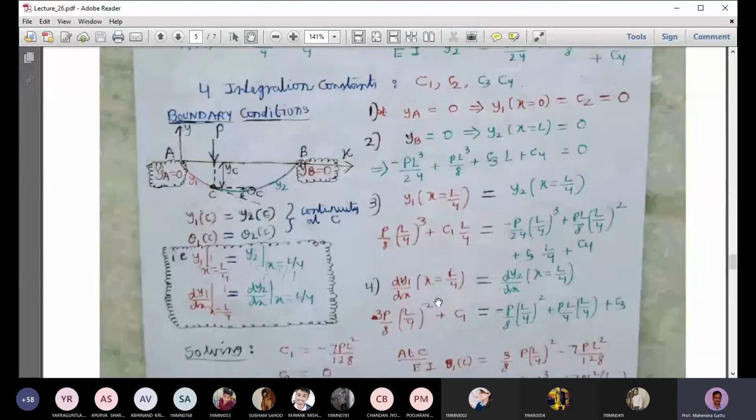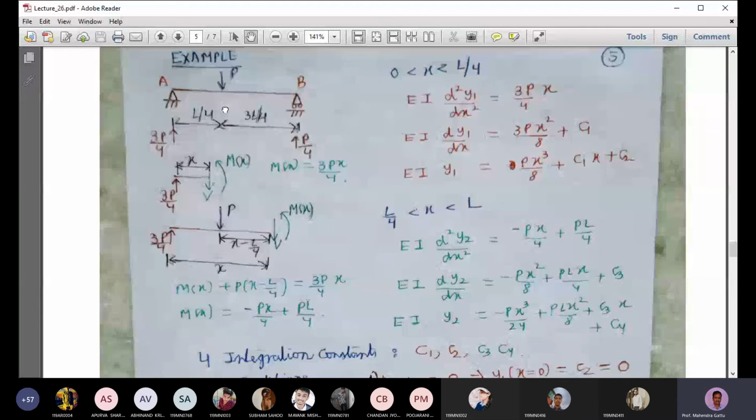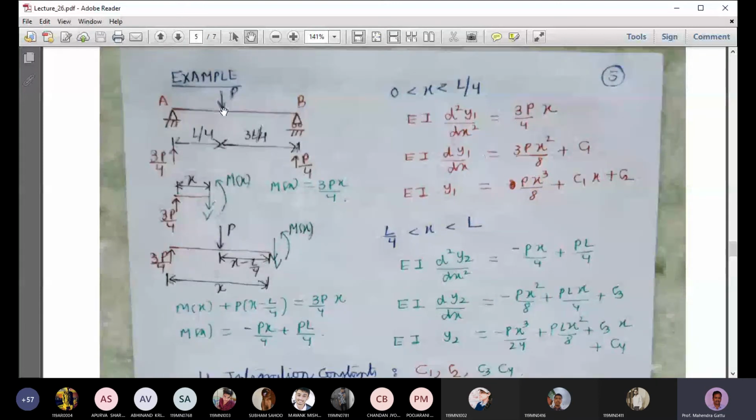So why do we choose the point C for the continuity condition? The point P is the application of the load. Between A and point C there is one bending moment, m1 of x, and from C to B there is another bending moment, m2 of x. So between A and C there is one deflected curve y1.